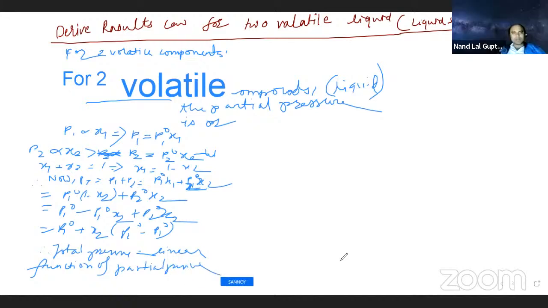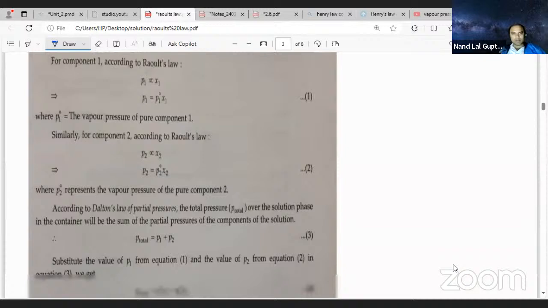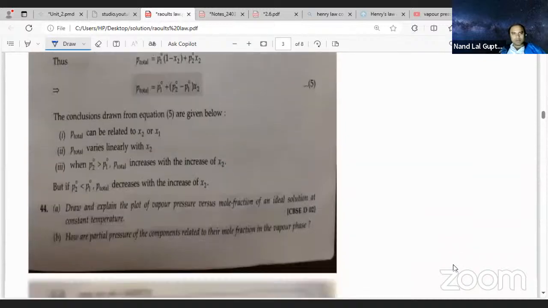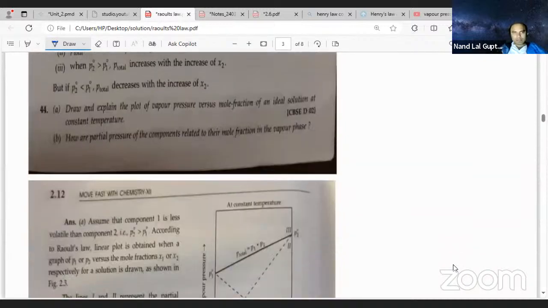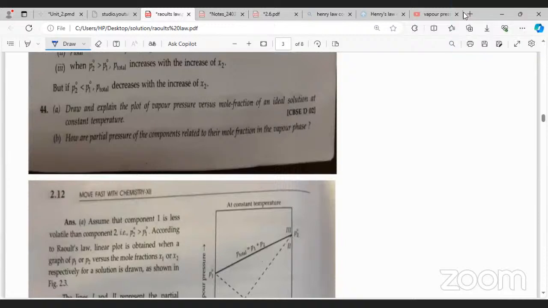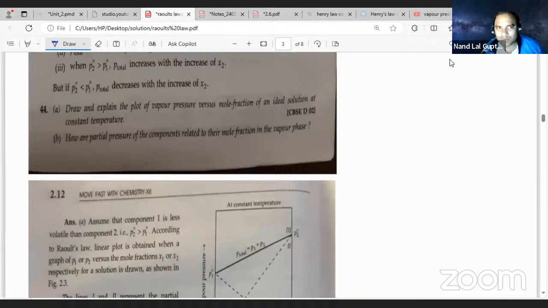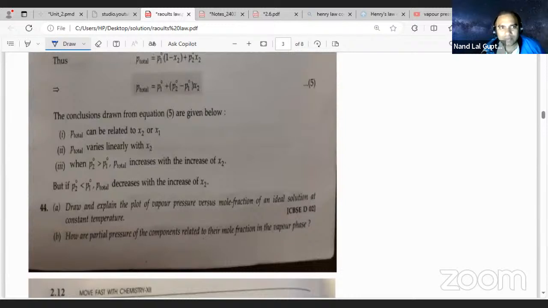Now come back to the topic. Questions we are doing. So derivation you did. The first question is over. Some conditions are mentioned here. Some little bit more concepts are there that we have to conclude. P total can be related to x2 or x1 that you wrote already. P total varies linearly with x2, mole fraction of second component.